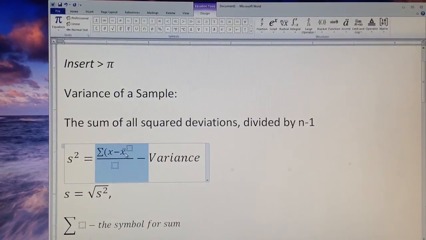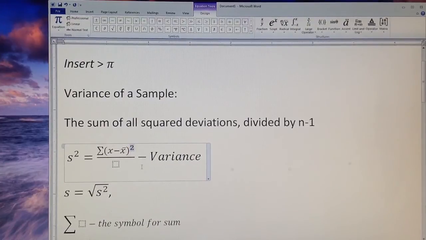Then you have to get out of the bar symbol, and I hope I'm out. No, I'm not. So I use the right arrow on my keyboard, and that way I get out of this x bar placeholder. Click 2 on the exponential placeholder, and then n-1 for variance.